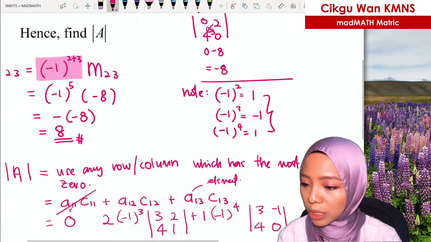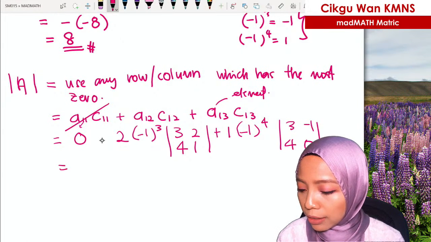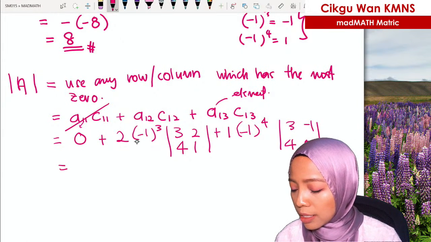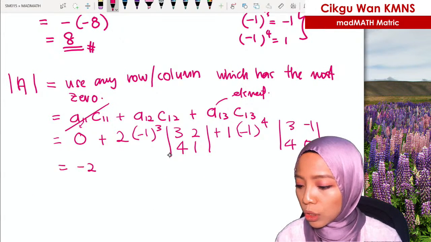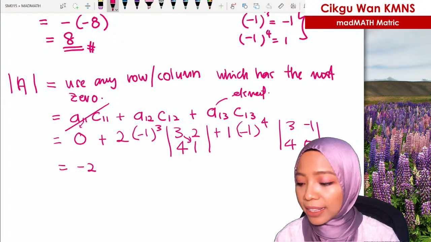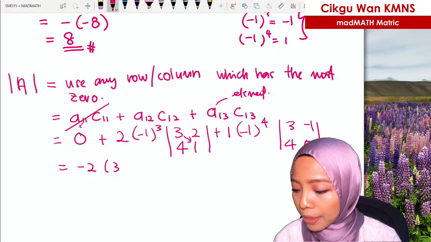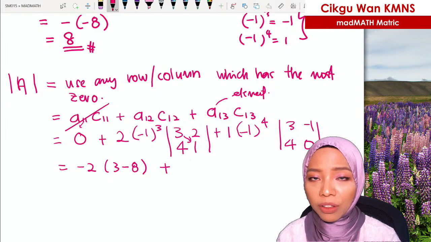Okay, now kita zoom in. Okay, so ini nilai-nilai yang kita ada tadi. Mari kita kira. Okay, so 0 biarlah di 0. Negative 1 cube. So akan dapat negative. Negative times 2, negative 2. Okay, now AD minus BC. 3 times 1, 3 minus 8 plus negative 1 to the power of 4.